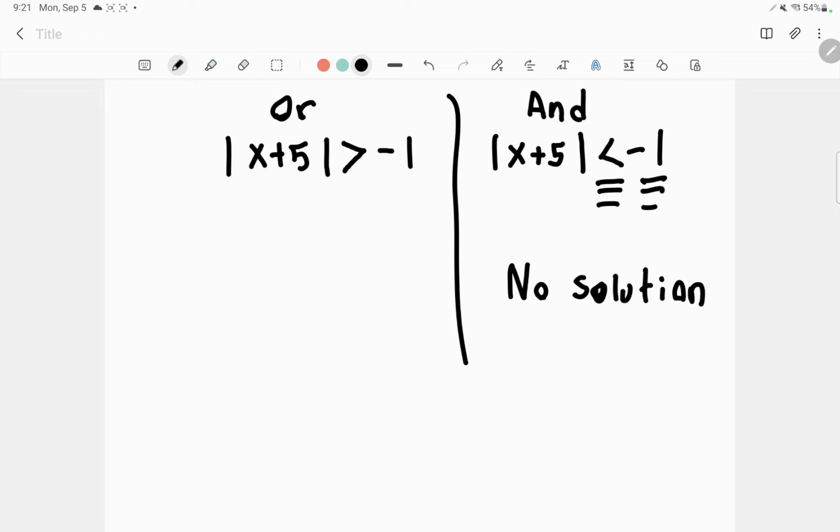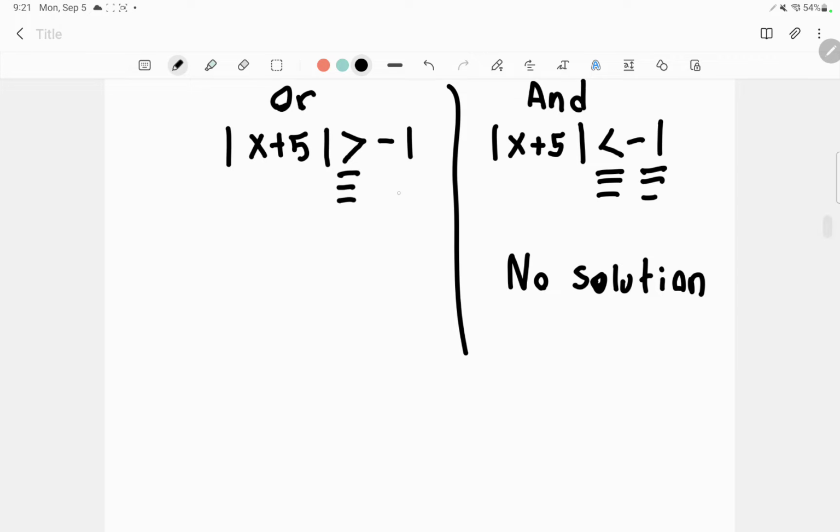Now, if you get it on an OR problem, meaning your inequality looks like this, and you have a negative, then your answer is actually going to be infinite solutions.